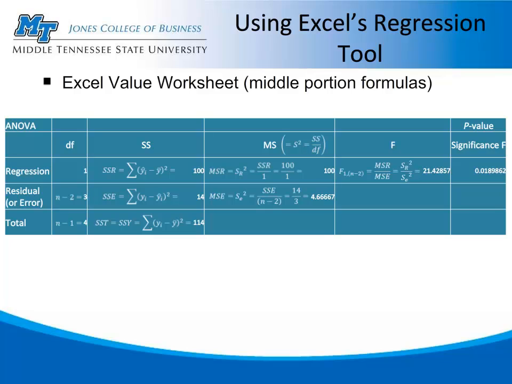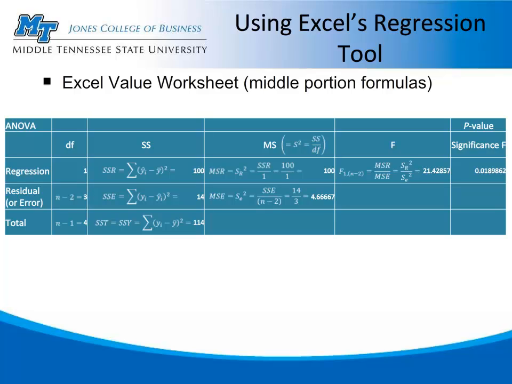Now, the p-value for the F statistic in the ANOVA table is always going to match the p-value for your independent variable. If you look in the coefficients table at the row with the TV ads and go out to where the p-value is, that number is always going to match the significance F in the ANOVA table.